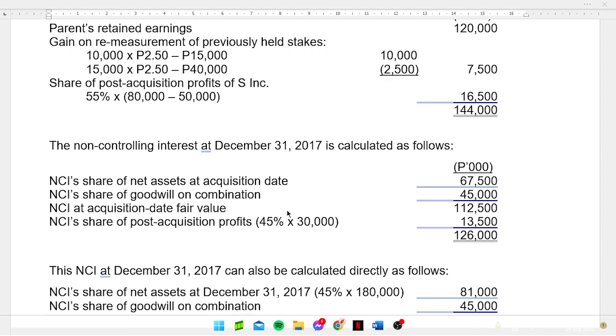NCI at acquisition date fair value is 112,500, or the 67,500 plus 45,000. The NCI share of those post-acquisition profits, 45% times 30,000 is 13,500. Yung 45%, ayun yung non-controlling interest pa.